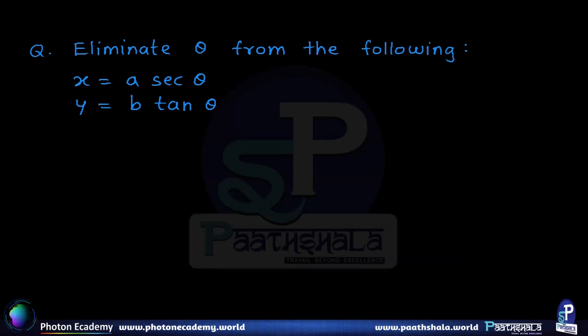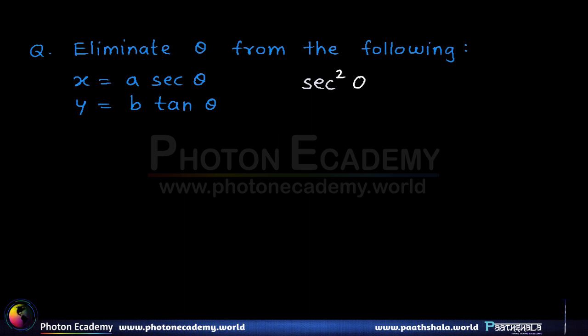Now to eliminate theta, let us look at the terms in which theta is present. Here we have sec theta and tan theta. Let's ask the question, what is the relation between sec theta and tan theta? If you remember, we have sec square theta minus tan square theta is equal to 1, right?